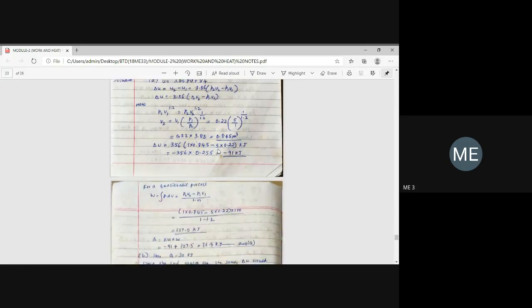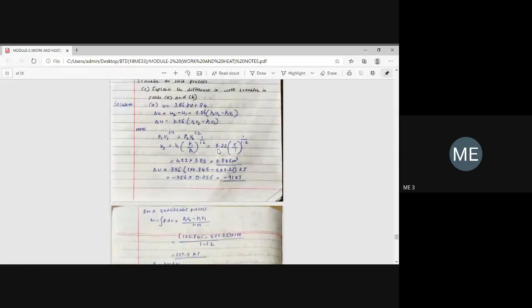As I said, the final volume is not given. We know P1, V1, and P2, but the unknown is V2. How to find V2? P1 V1 to the power of 1.2 equals P2 V2 to the power of 1.2. So V2 is V1 into (P1 by P2) to the power of 1 divided by 1.2.